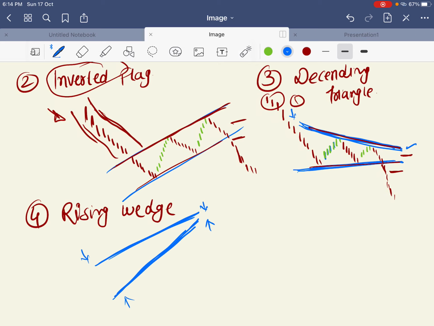The price enters this wedge from a bullish rally and then trades like this.